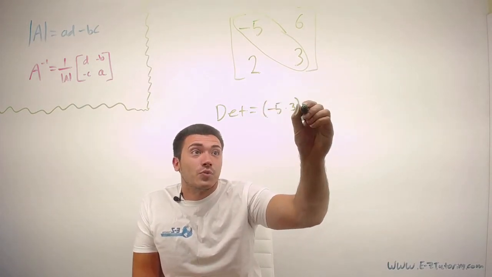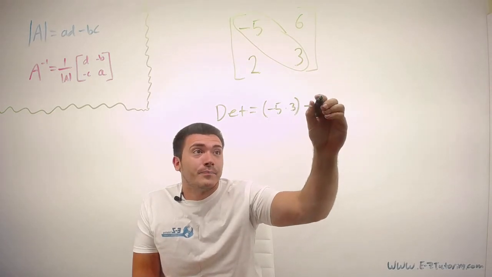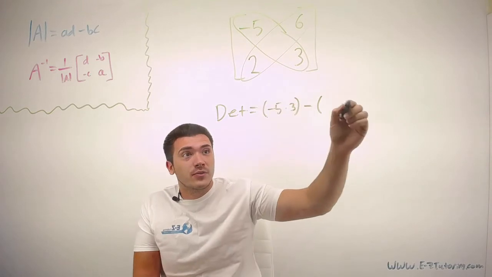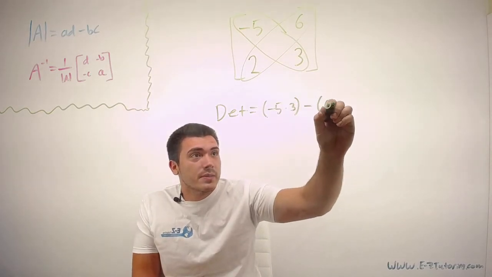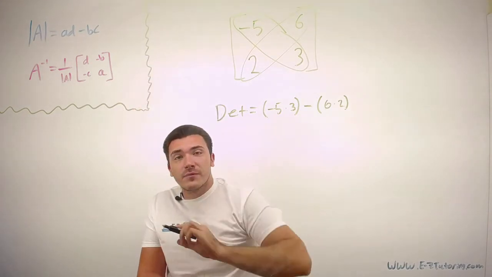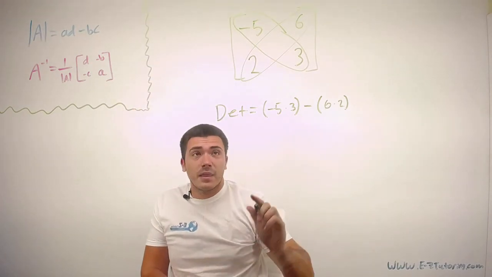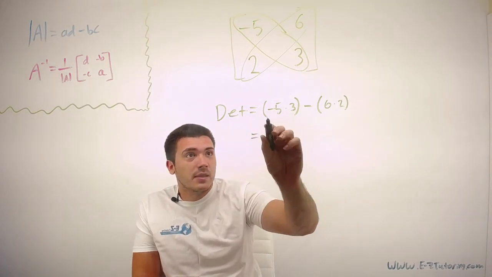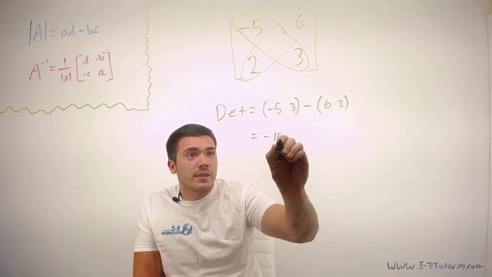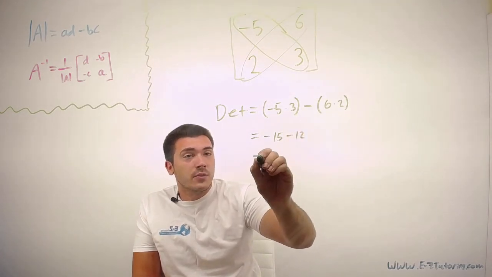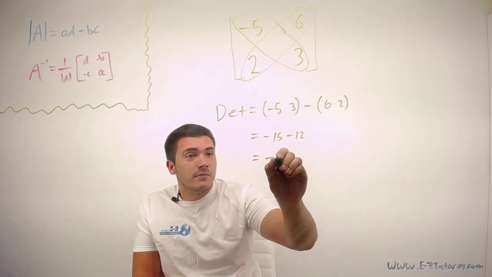And then we subtract the other diagonal, which is these two numbers, 6 and 2. So 6 times 2. And keep in mind, we are following these formulas exactly as how they're written. So simplifying this down a little bit, this gives us -15, and this gives us 12. So the determinant is -27.